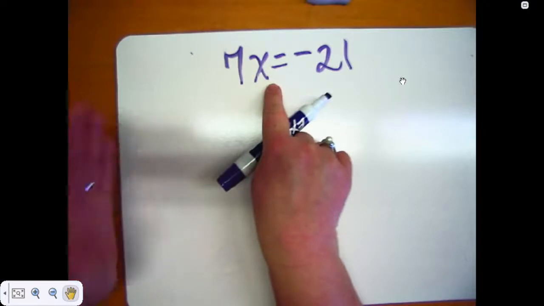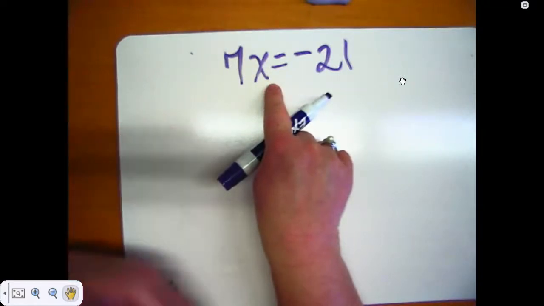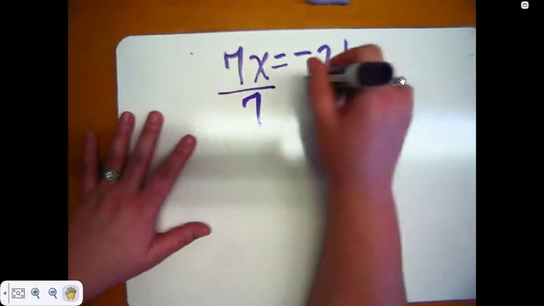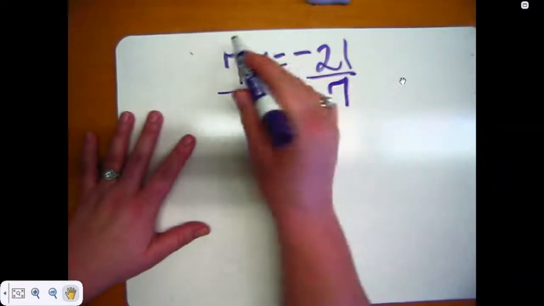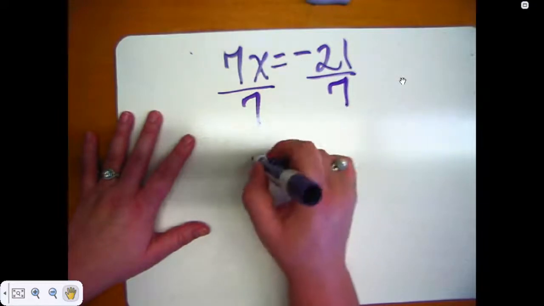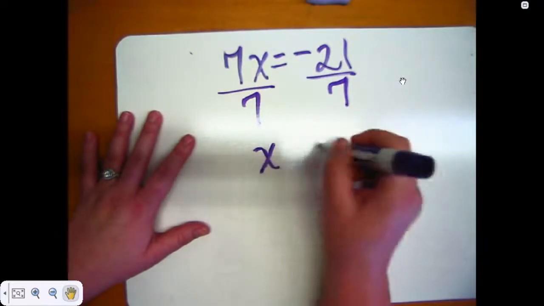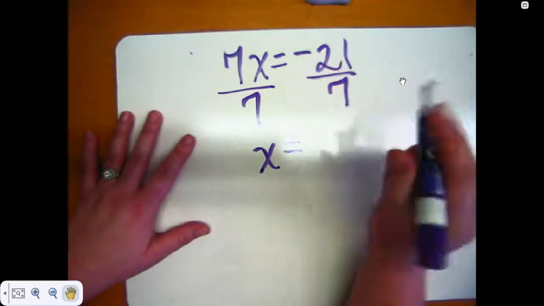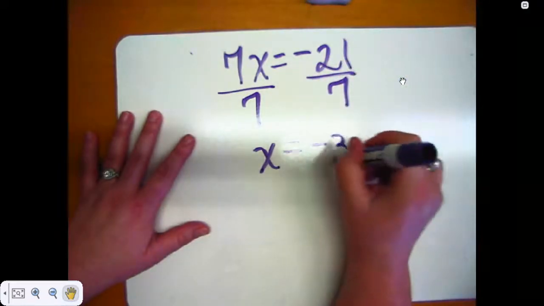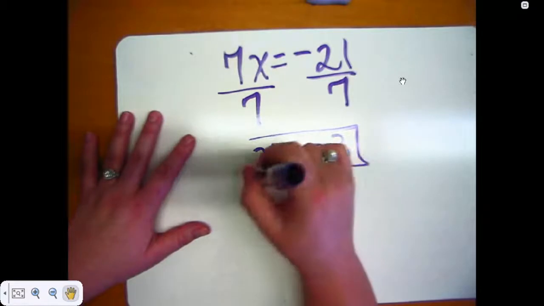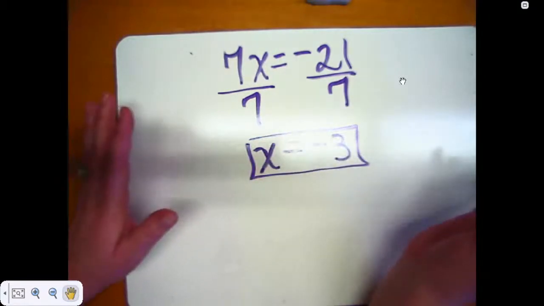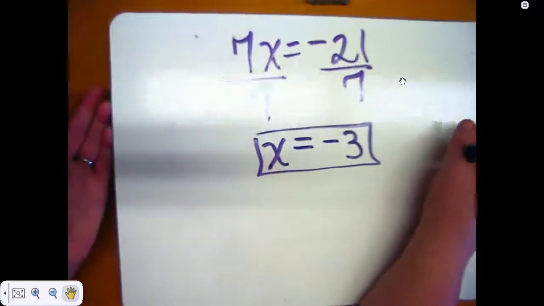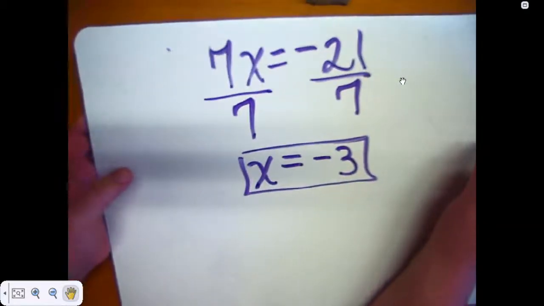So to get the 7 on the other side, we would need to do the opposite of multiplication, which is divide both sides by 7. So 7 divided by 7 is 1x. So we're left with just an x is equal to negative 21 divided by 7, which is negative 3. So those are already kind of done for you. All you need to do is divide to get that x by itself. So x is equal to negative 3.